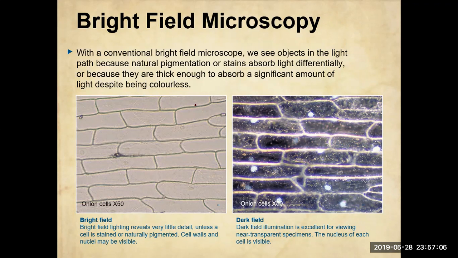With a conventional bright field microscope, we see objects in the light path because natural pigmentation or stains absorb light differentially, or because they are thick enough to absorb a significant amount of light despite being colorless.